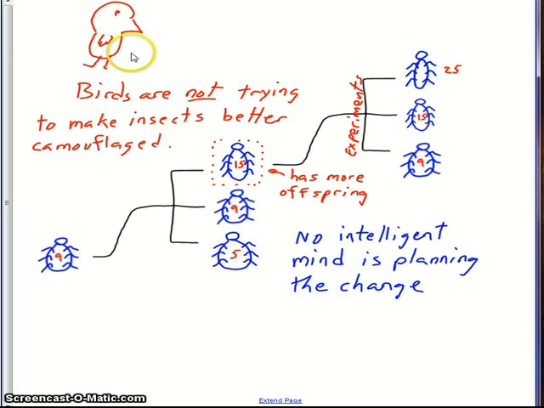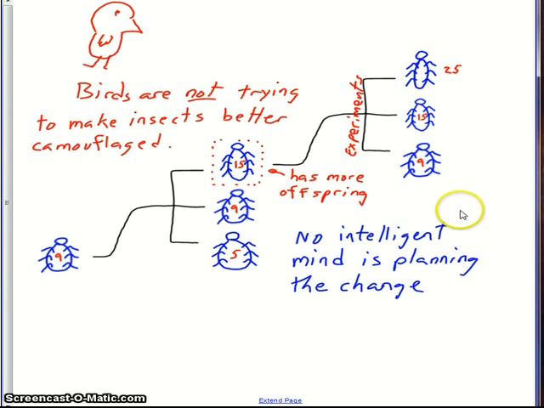But because the birds are selecting some to be eaten, they are selecting, in a sense, others to remain and repopulate the next generation. So when they are selecting, we can say that they're selecting better camouflage by eating the worst camouflaged individuals. And over time, better camouflage is evolving in the population, but there is no intelligence that's planning this process.